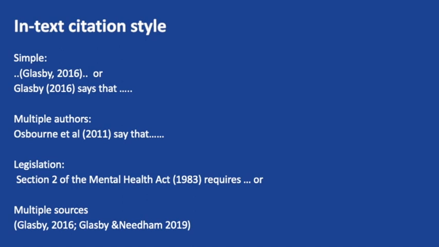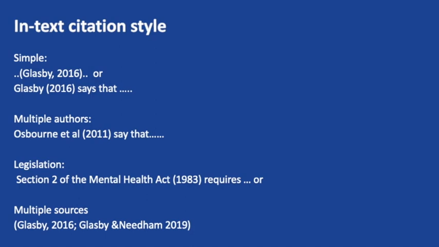You might find you've got a report, an article with multiple authors. So in that case, you don't want to be putting all 20 different authors in. It's perfectly acceptable to use the phrase Osborne, the name of the lead author, et al., to indicate there are others, and then the date.